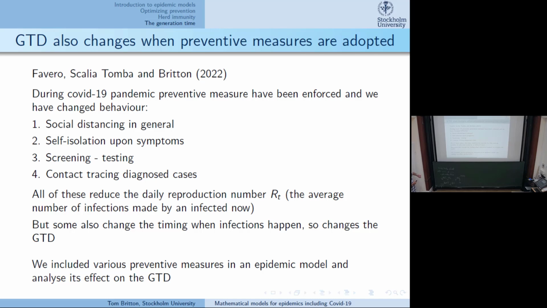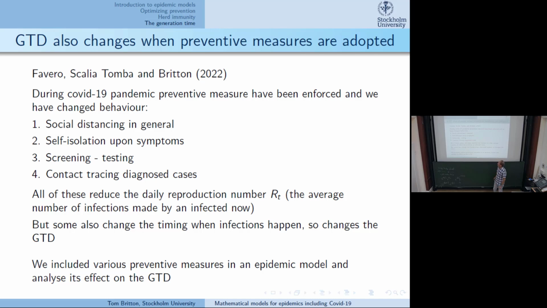And then one word about the paper where Martina here is the main author. There we extended this a little bit, but also put it into other preventions. So the first paper I talked about was the problem with estimating the generation time. We saw several problems, and all of them resulted in R0 being underestimated.